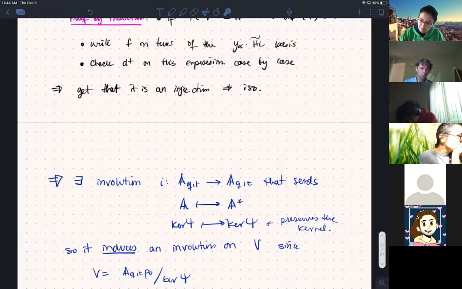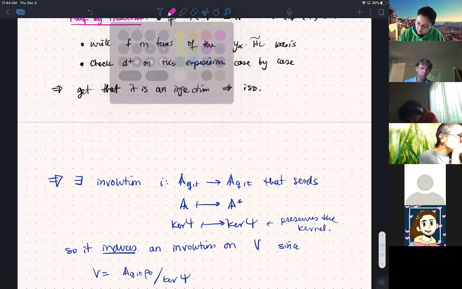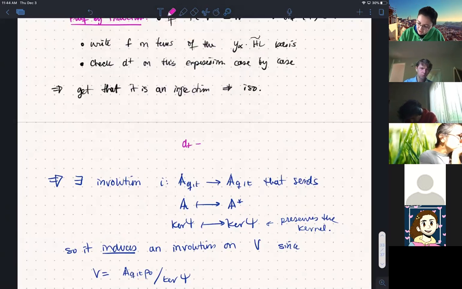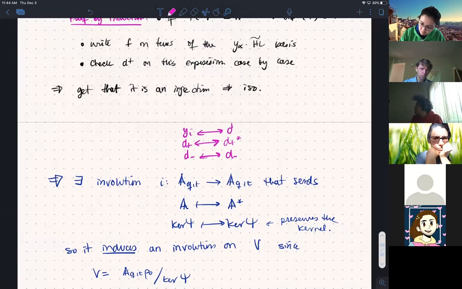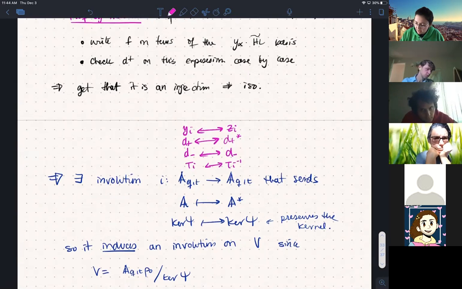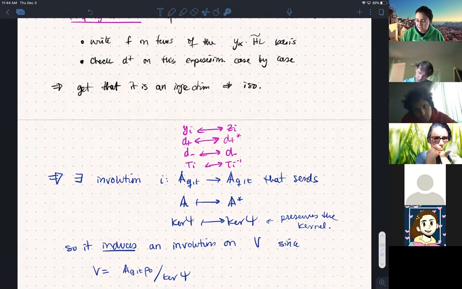It's the map that's sending D plus to D plus star and vice versa. So it's swapping these two. D minus is fixed to itself. Yi is involuted by Zi, and then of course Ti is mapped to Ti inverse. So the involution is doing this. It's very obvious that it exists. And in particular, it's the one that's sending A to A star. So that one makes sense.